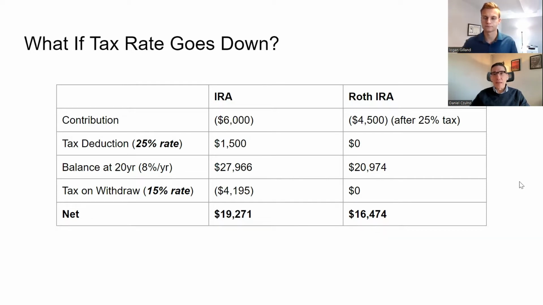So we basically have a net $4,500 impact to your financial picture on the front end. In the IRA, we had a $6,000 contribution, but a $1,500 tax deduction, which means that there was a $4,500 net out of pocket. The Roth IRA, the same thing, just a straight $4,500 net out of pocket because the tax has already been paid on that.